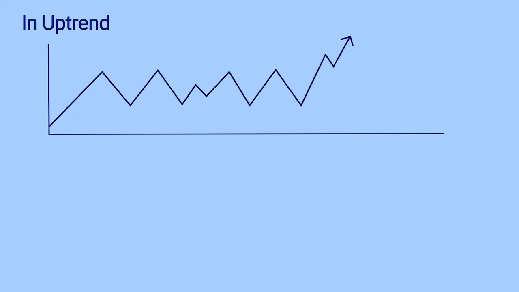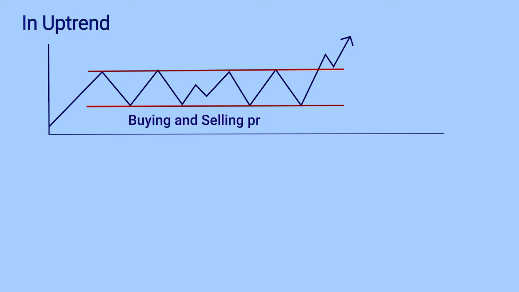Apart from that, during an up move, after the accumulation and a slight bit of up move, we may find the price consolidating within a small range. Again, during that time, the buying and selling pressure are almost equal. If after the consolidation the buying pressure again becomes bigger than the selling intention of the bears, the price resumes its uptrend.